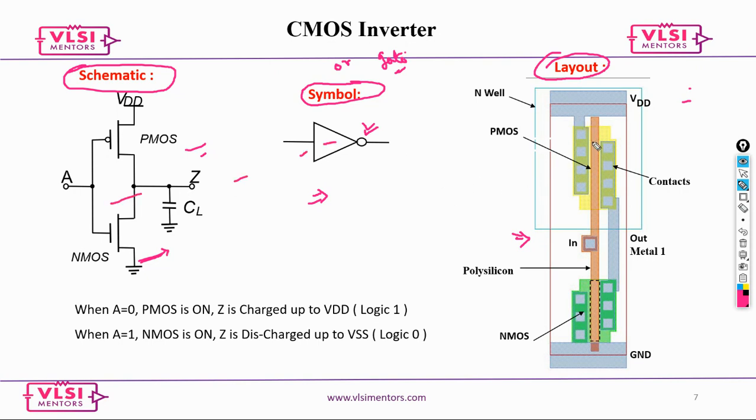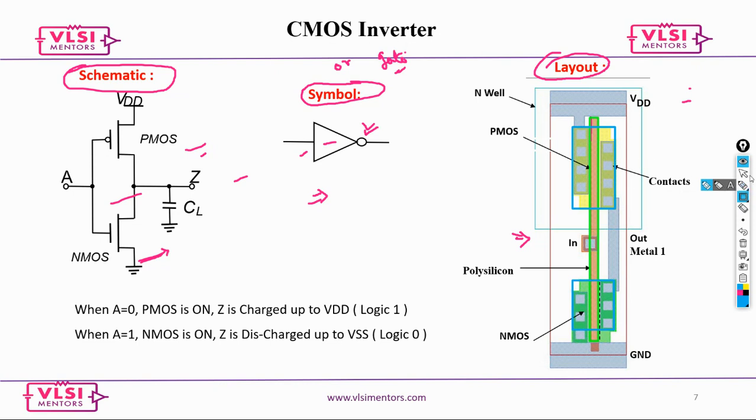Now when I say layout, at the end, the goal is to convert each and every circuit into shapes. Ideally speaking, this is going to be your poly, and this is going to be your OD, which decides your overall transistors.